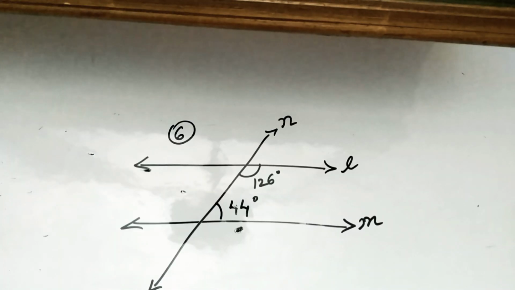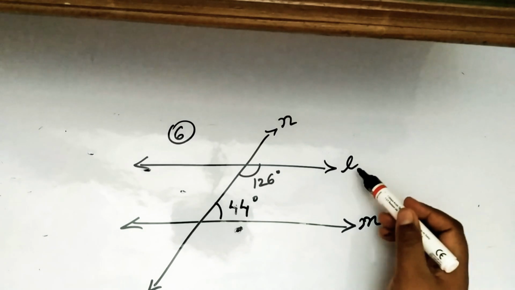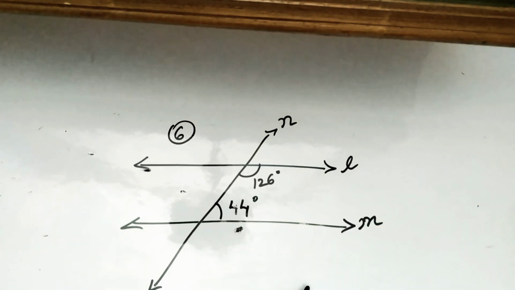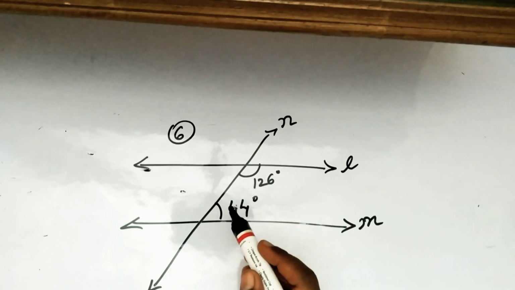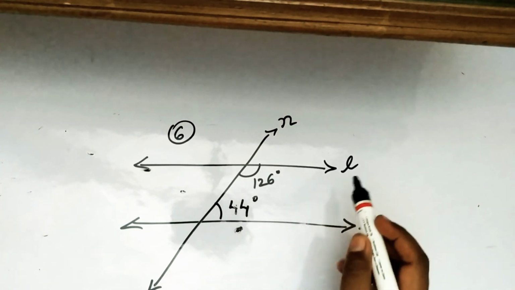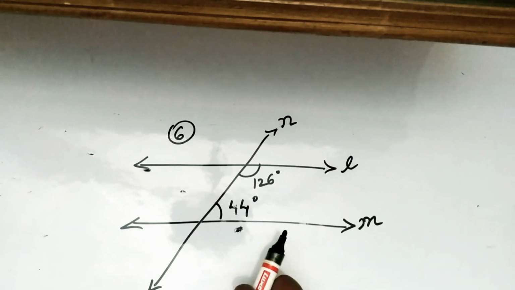Now let's move to the next question, that is the sixth one, which is a bit different. Here some figures are given and you have to prove whether L and M are parallel to each other. While explaining the theorems, I had explained that you can use the converse of those theorems also. When the theorem is satisfied, you can prove that the lines are parallel.